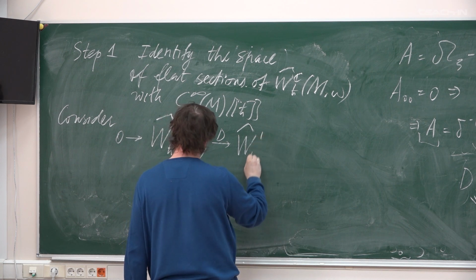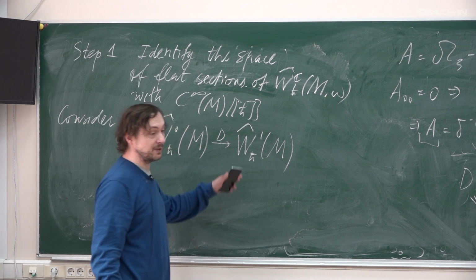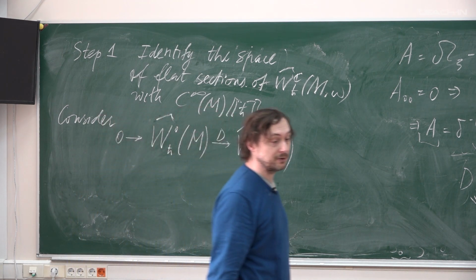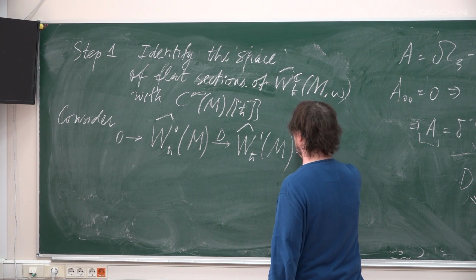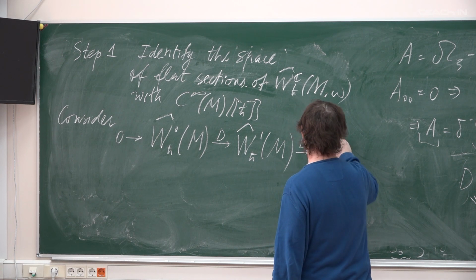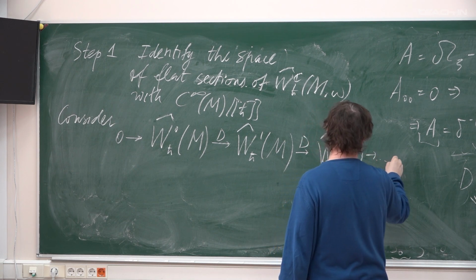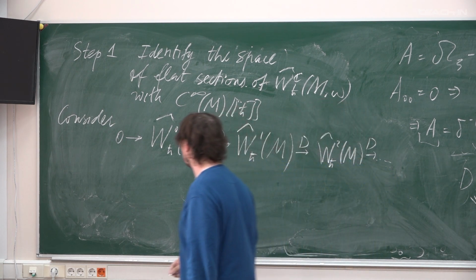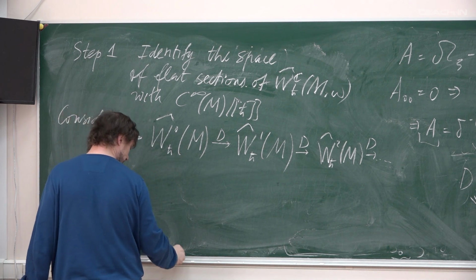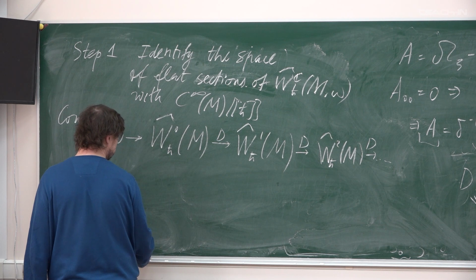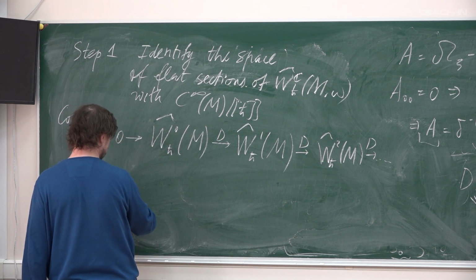Fedosov connection, which is known now, which is called now. These abelian connections of Fedosov are now called Fedosov connections, of course. And that's deserved, I think. And there's another complex with the same space of cochains, but with different differential.